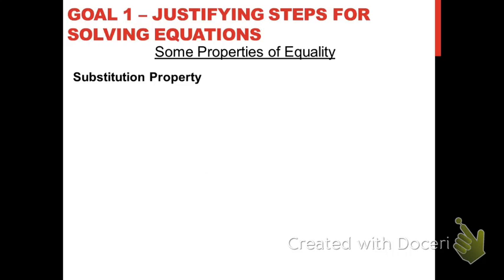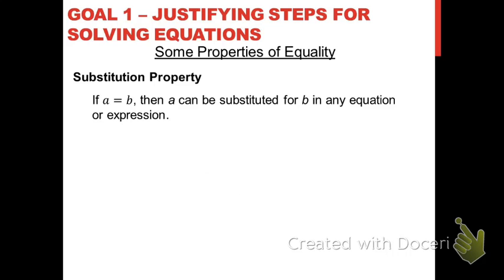Substitution property of equality. It's one you've used many times, but it's not quite the same thing as the other ones that we've just used. The substitution property of equality is this. If you happen to know that a value a equals b, then you can substitute a in place of b in any equation or expression.